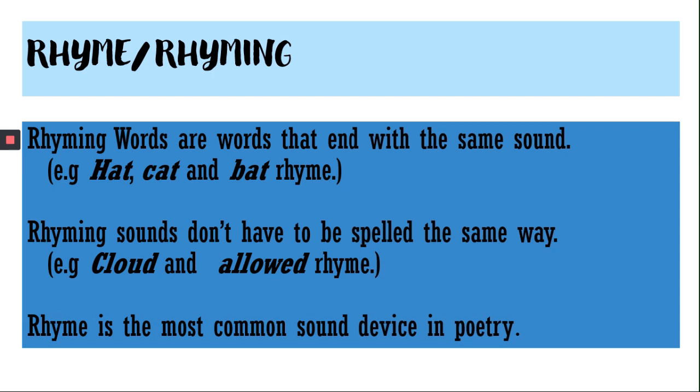For example, cloud, aloud. They do rhyme, although they do not have the same structure or spelling, almost the same spelling, it is similar with the sound, which is the sound of oud. Rhyme is the most common sound device in poetry.